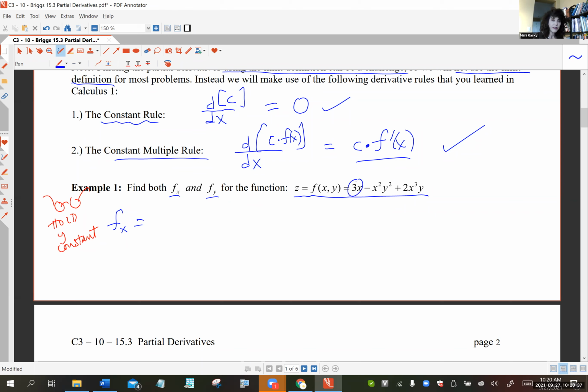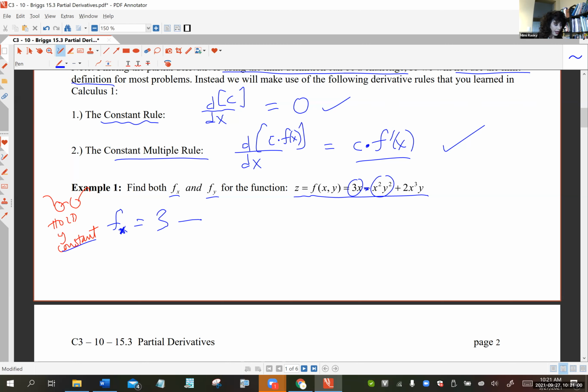What is the derivative of 3x with respect to x? That's not hard, you all know that one. 3. Yeah, 3. Minus, because there's a minus next. Now we're going to take the derivative of x squared times y squared with respect to x.